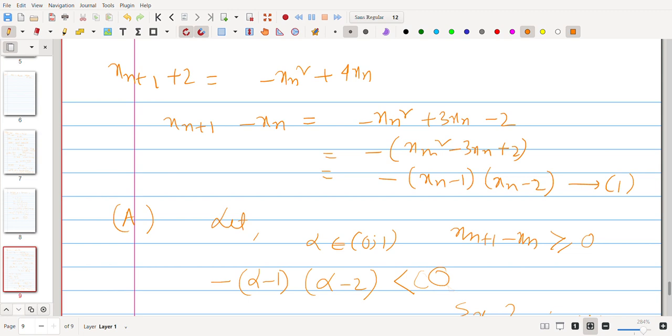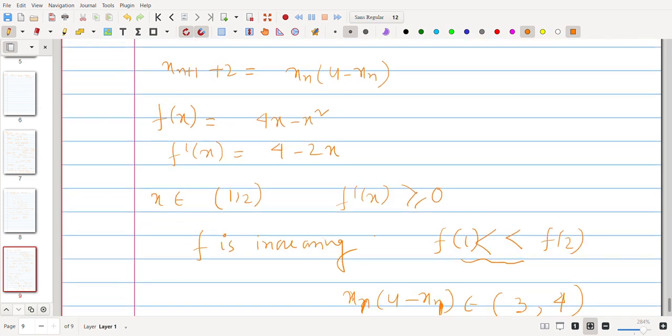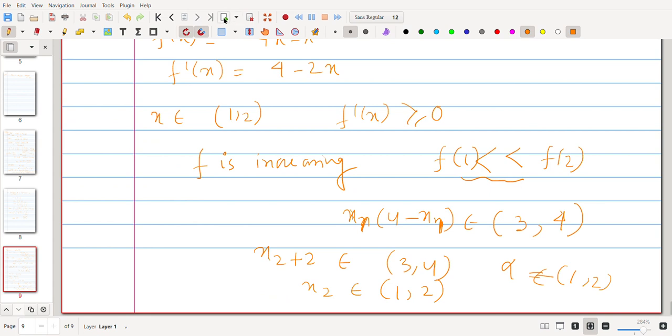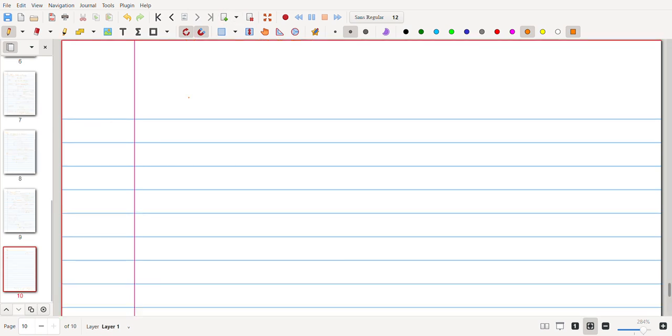In particular, if we choose alpha greater than 1 and less than 2, that means this product is less than 0. Since that is minus, this product is actually greater than 0. So x_n is monotonically increasing here.